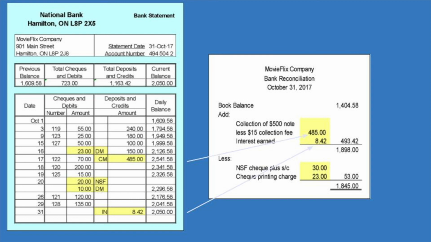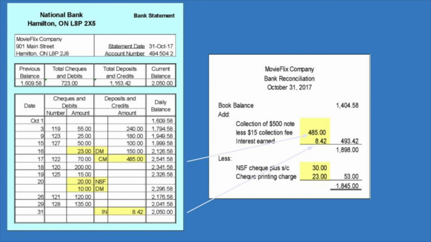And there was a non-sufficient funds check for $30 that got zapped out, and we can see that, and a $10 charge and a $20 NSF. We didn't know that had happened, so we need to adjust those. We add the collection and we subtract off the non-sufficient funds charge on our books.